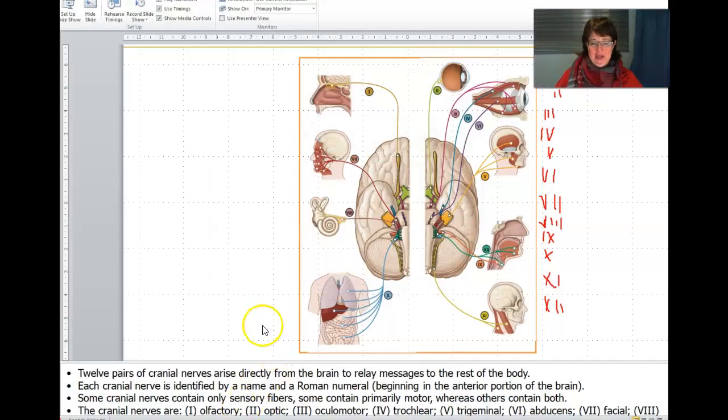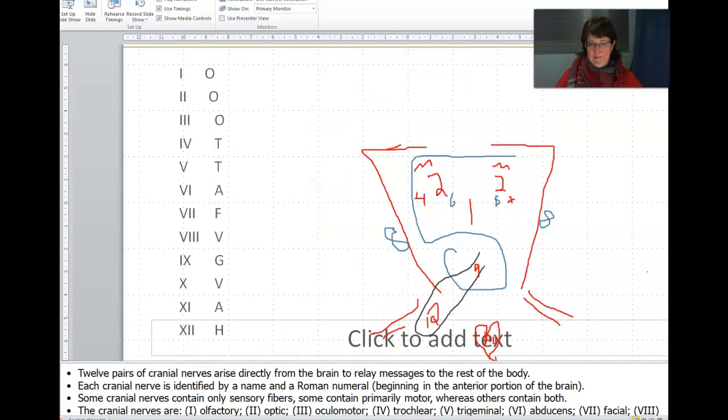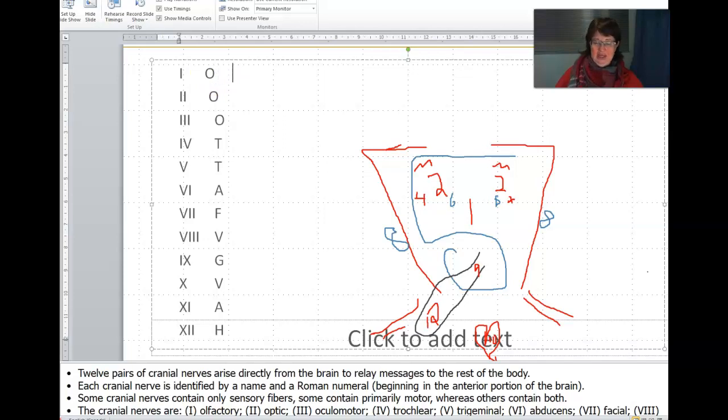Okay, let's go back to what I drew here. So when I was drawing here, one was the nose. So that is olfactory. Okay? 2 is your eyes, and it starts with O, so it's optic, and optic is used in sight.